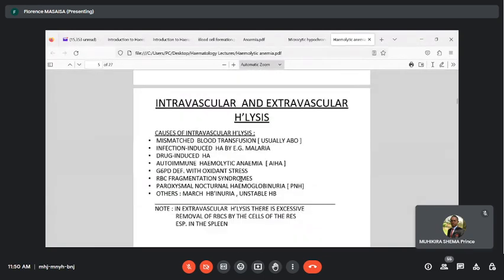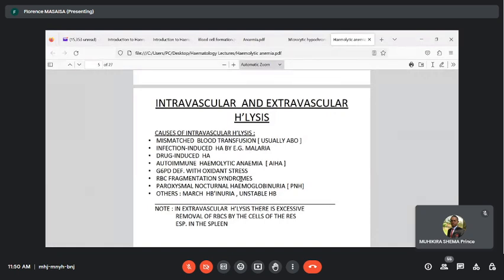So what are the causes of intravascular hemolysis? Most of the time it is mismatched blood transfusion, usually ABO. When you mismatch the blood group of the patient, you may get acute hemolysis. It may be induced by malaria or other infection.